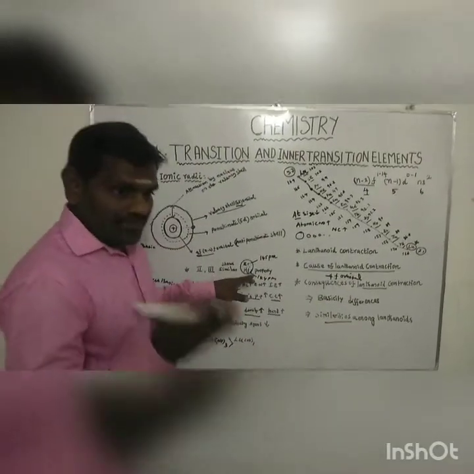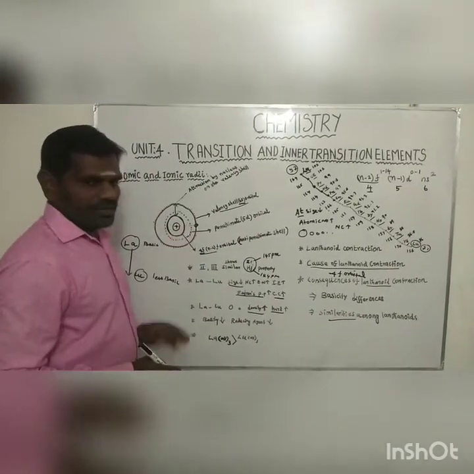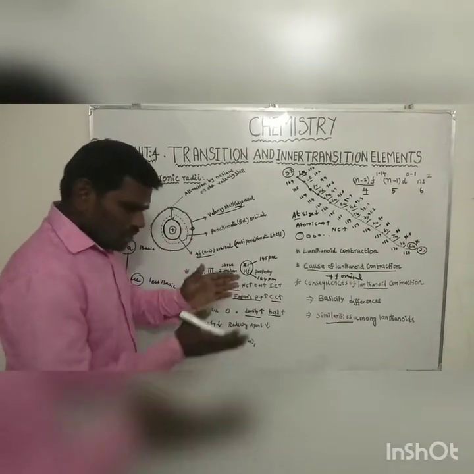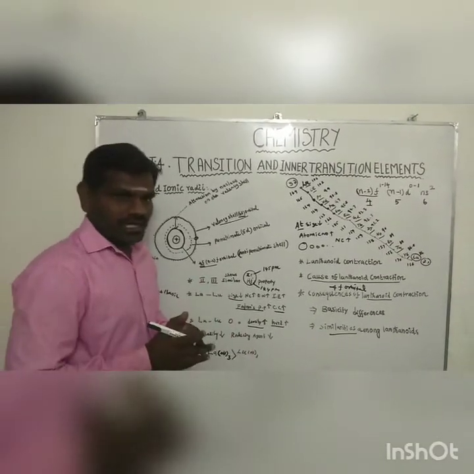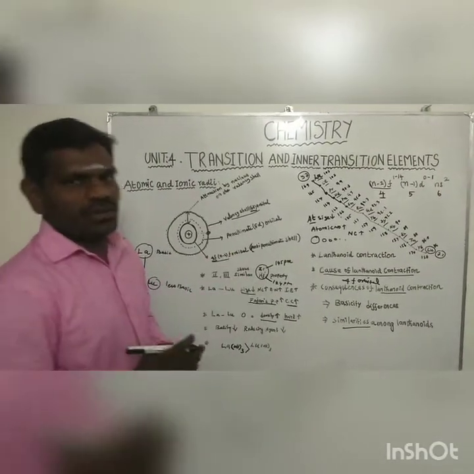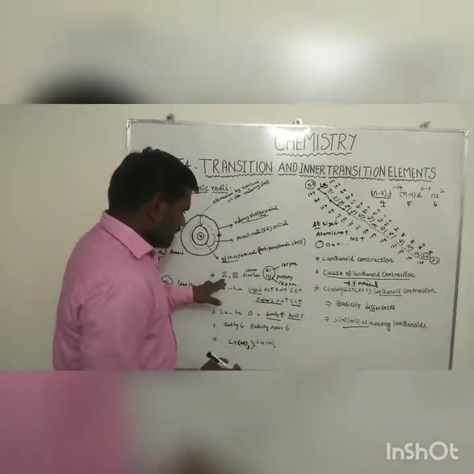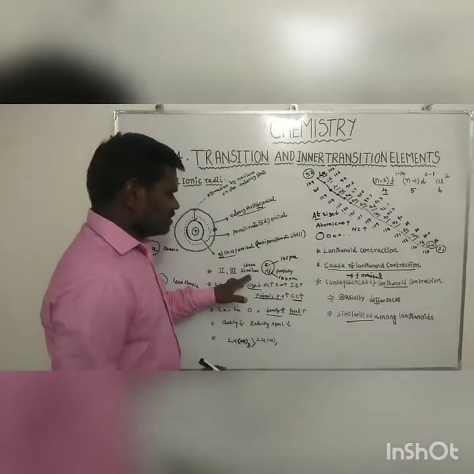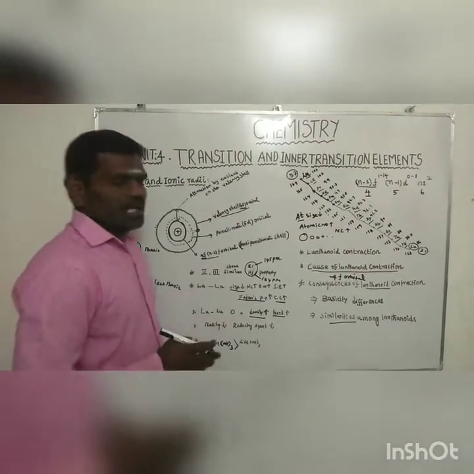Due to the lanthanide contraction, that is the poor shielding of the 4f orbital, they have quite similar sizes. This is one of the evidences for the lanthanide contraction. So due to lanthanide contraction, the second series and third series elements show similar size.